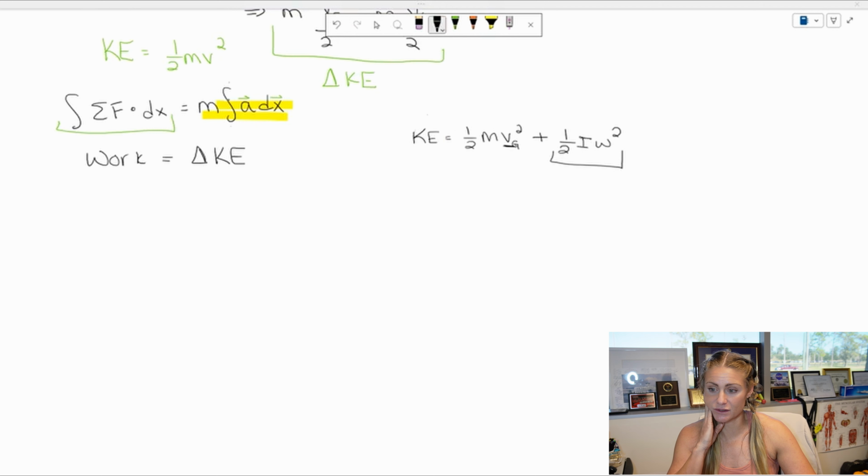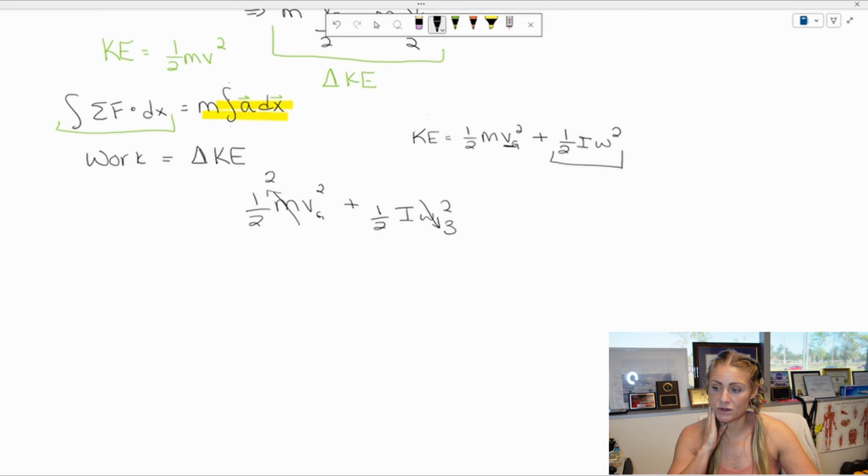So our kinetic energy is going to be this, plus 1/2 I omega squared. We know that the mass of the object is 2 kilograms, and we know that omega is 3 radians per second.